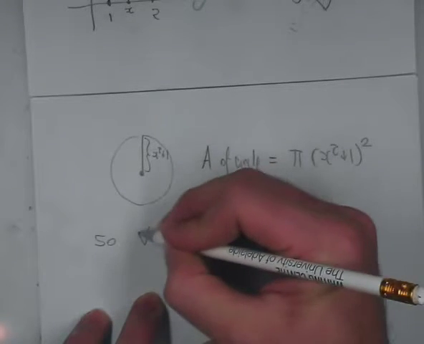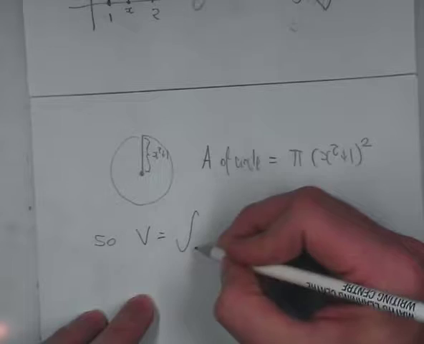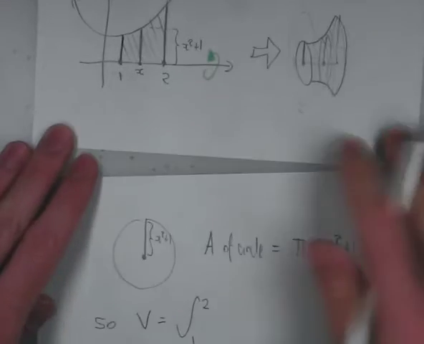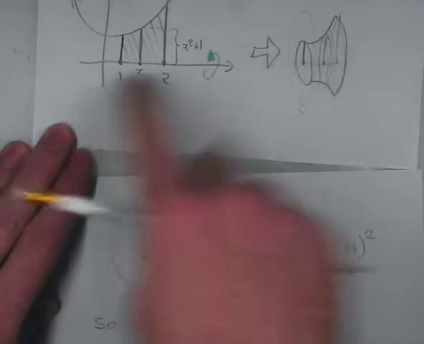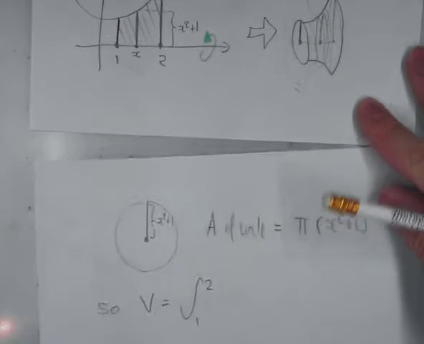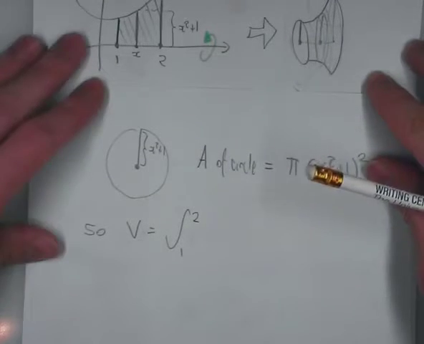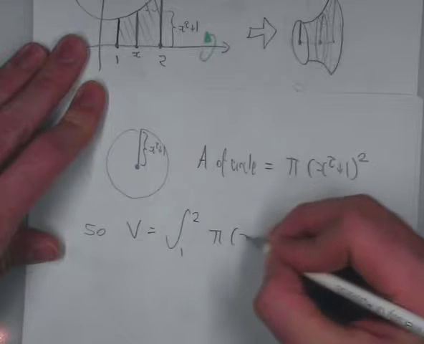So the volume will be the integral from 1 to 2, because those are the numbers that tell me what x is, of that area.